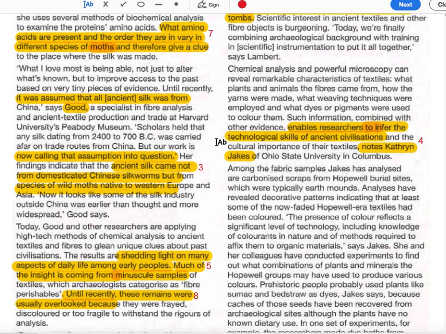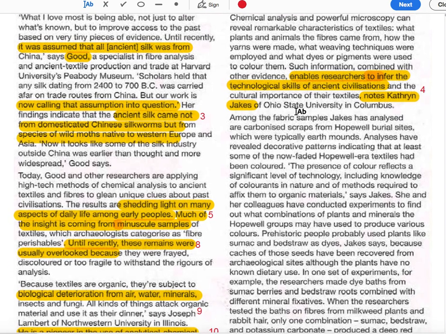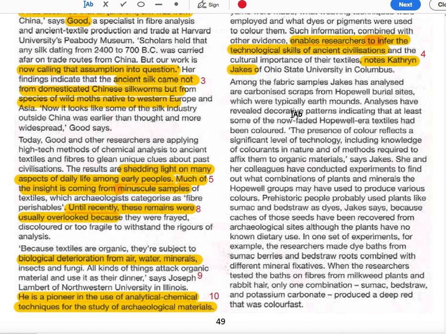What does it say about Jakes over here? Jakes is analyzed or carbonized. Analysis have revealed the presence of color, including knowledge of color. It says Jakes, she and her colleagues have conducted experiments to find out what combinations of plants and minerals the Hopewell groups may have used. Okay.